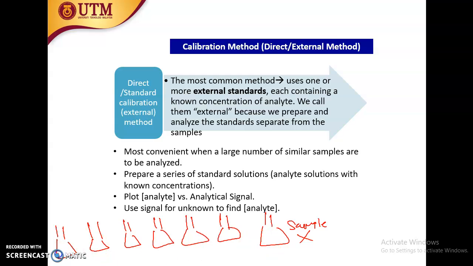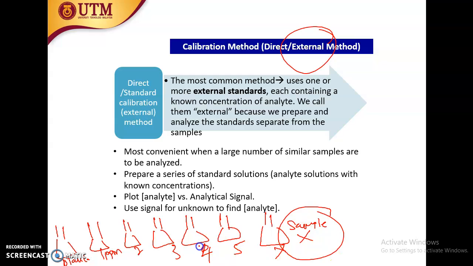We have blank. Blank is compulsory for any calibration curve. So this is blank. This is 1 ppm, 2, 3, 4, 5, and your sample. So this is the meaning of external. In the external method, your sample is not inside your 1, 2, 3, 4, 5.